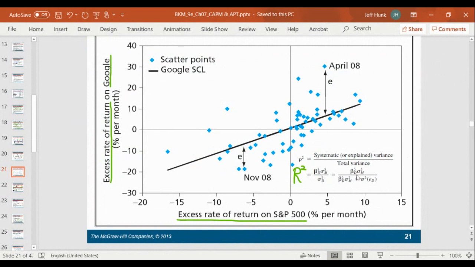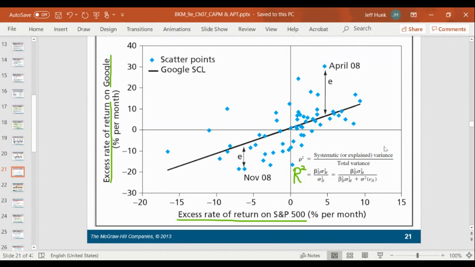The subscript is D here, but ignore that, because that was the subscript for Dell, but actually we are using Google for this regression. But you understand, basically, the variance of Google is related to the variance of market returns by beta.